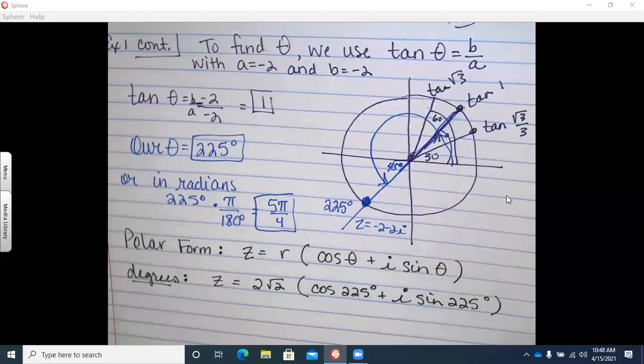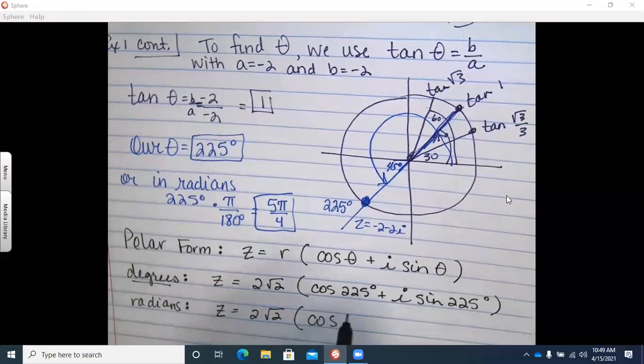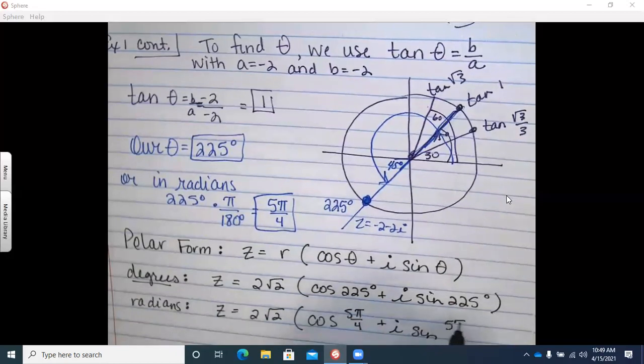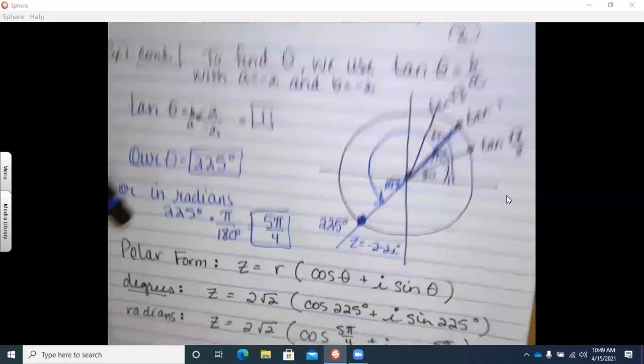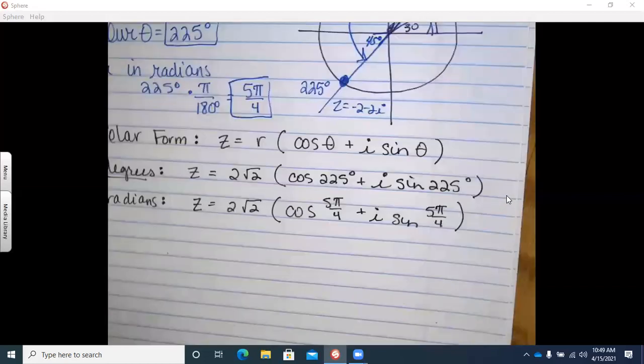If they ask for it in radians, Z equals, modulus is still 2 square root of 2 times cosine of 5/4 pi plus I times the sine of 5/4 pi. Boom. That's it. The hardest part is figuring out what the angle is. What's your theta?